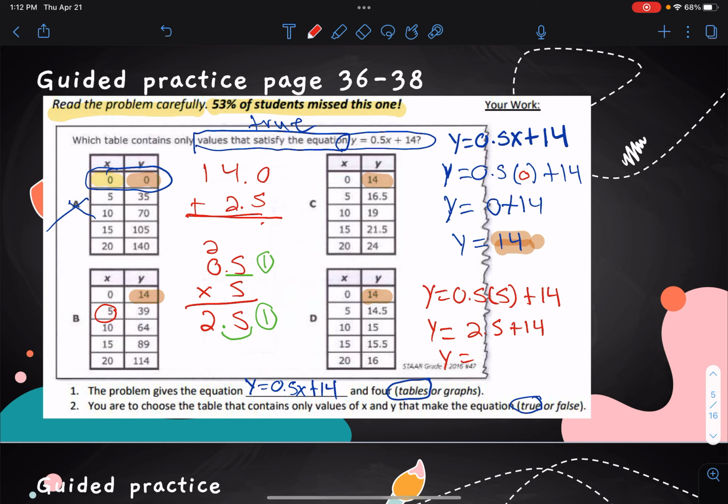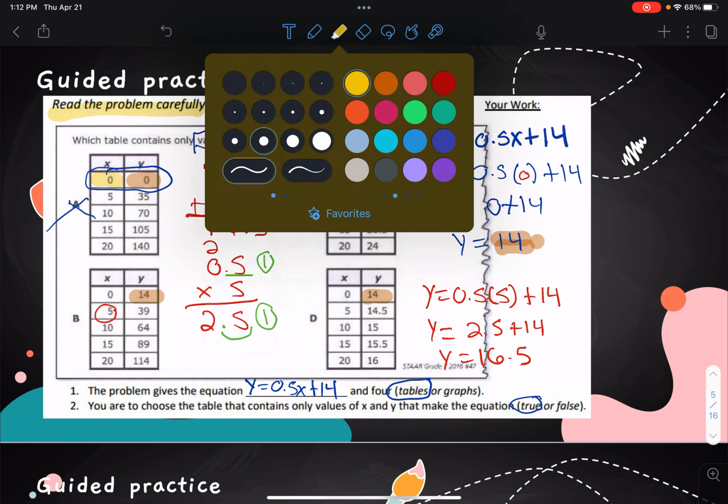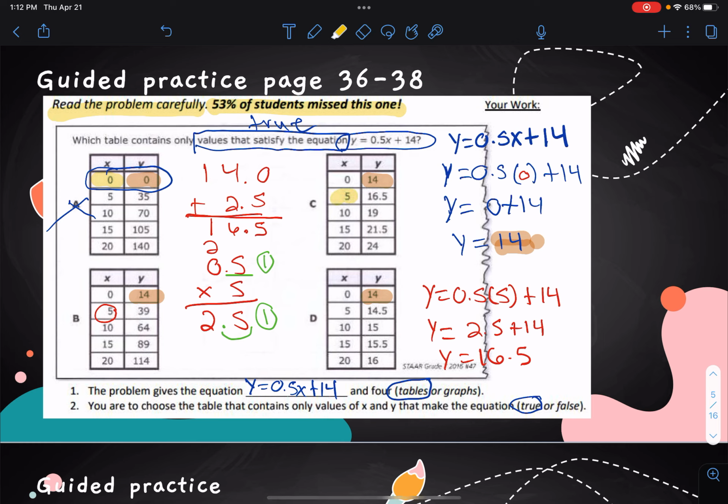So 0 plus 5 is 5. 4 plus 2 is 6. And then the 1, I just bring straight down. With adding, we just bring our decimal straight down. So we have 16.5. Now we look at our x column, which we said 5. That's the number we plugged in. What did we get when we did that? We got 16.5. That means next to the 5 we should have 16.5.